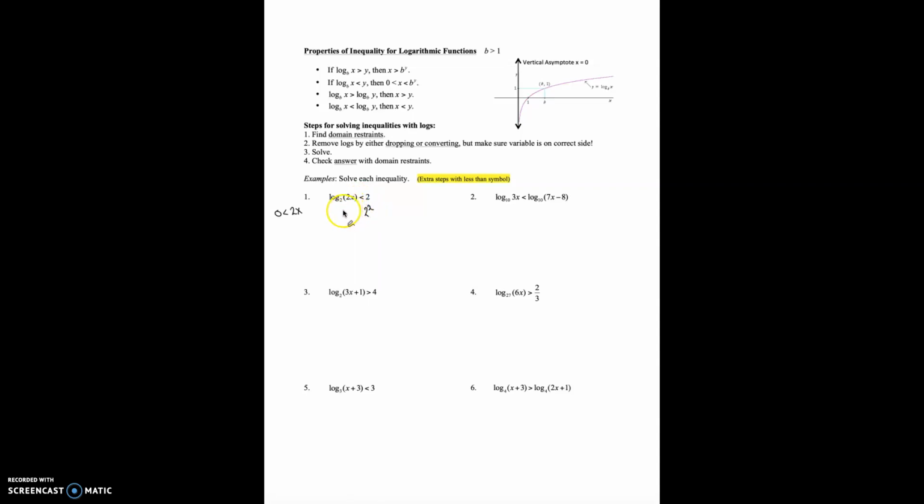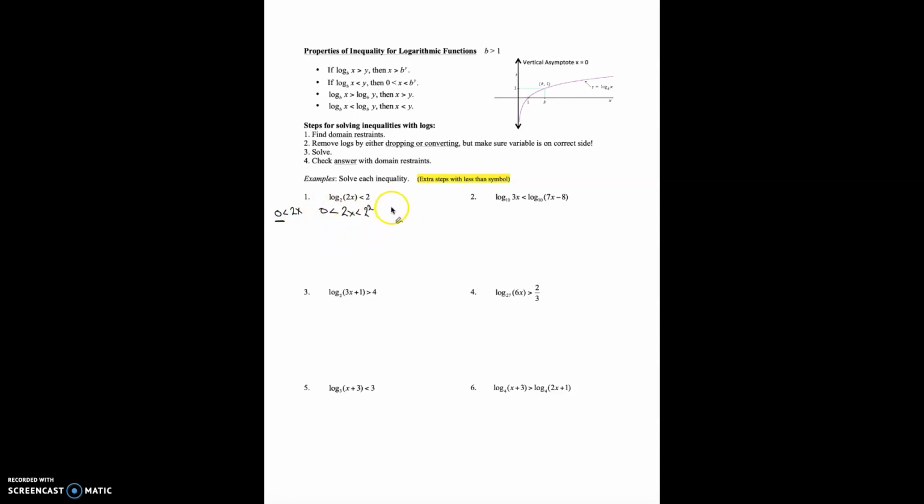So we're going to say that that 2x is actually less than 2 to the second power. And we're also going to put that other restraint that 0 has to be less than 2x.